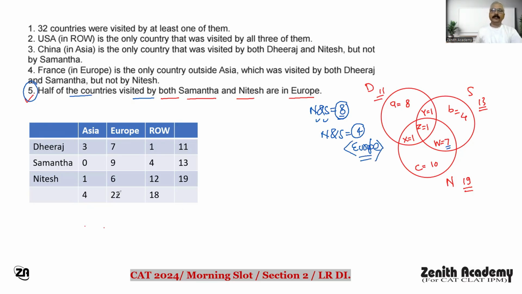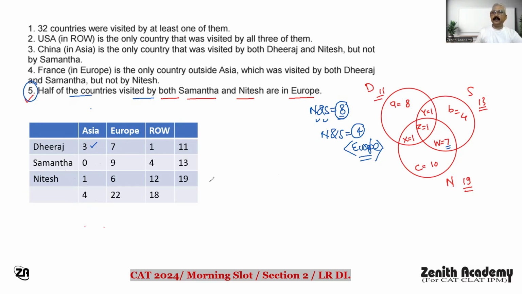And now see here. So everything is clear. With the help of this Venn diagram, we can answer many questions. Look here. Dheeraj in Asia visited 3 countries, Samantha did not visit any countries, and Nitesh 1. This point is to be noted.